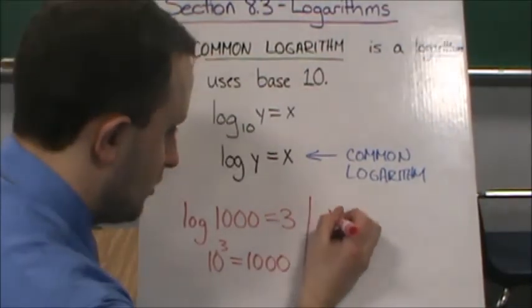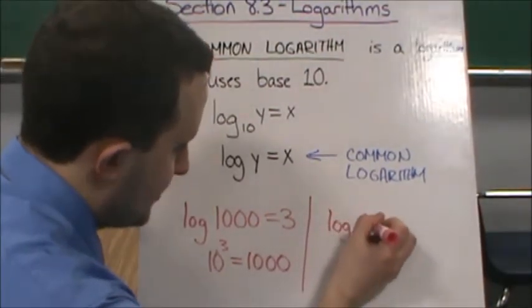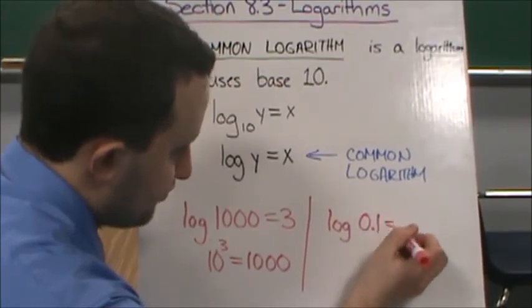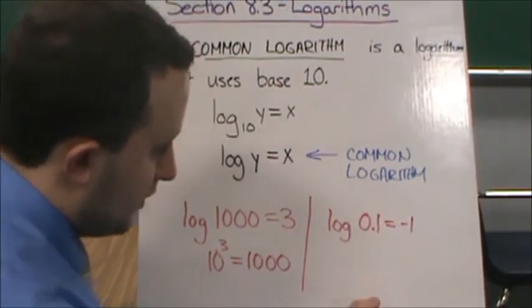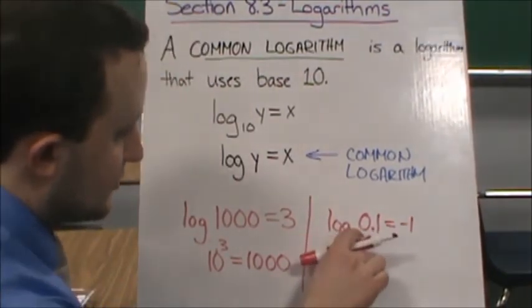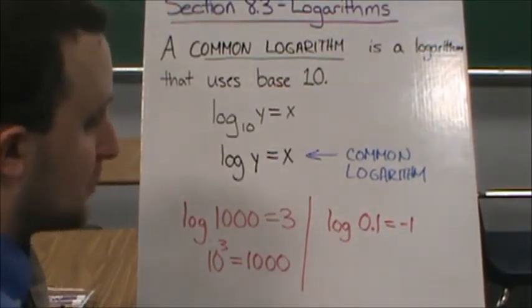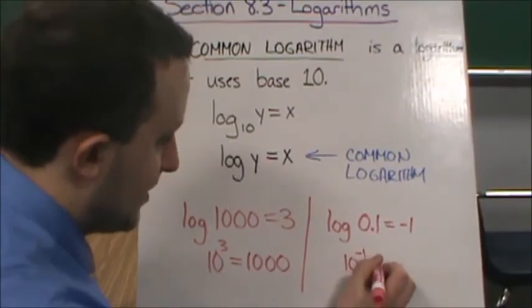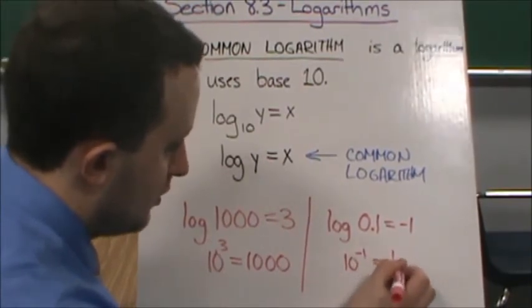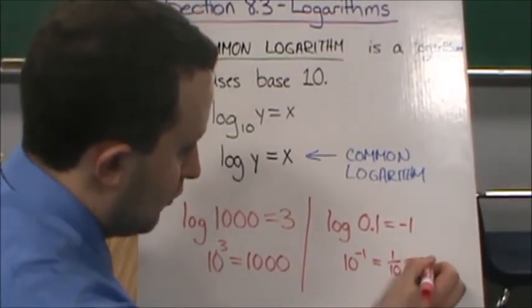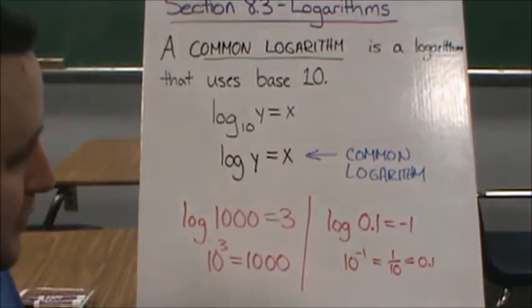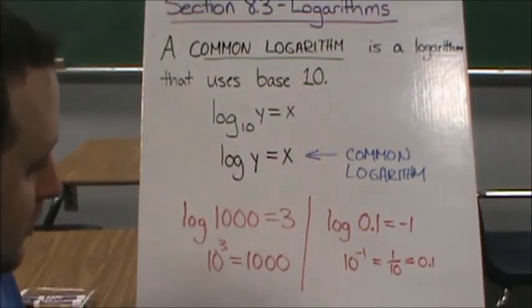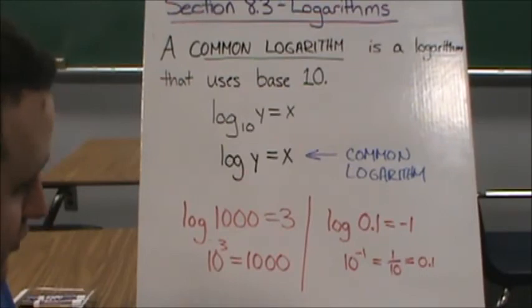Or even log of 0.1 equals -1. It's always understood that there's a 10 as the base, but we just don't write it. So 10 to the negative first power would be 1/10, which is 0.1. So it works out in both cases, and for any common logarithm, it'll work out just as well.